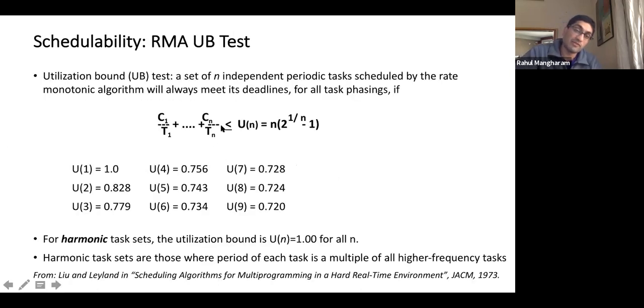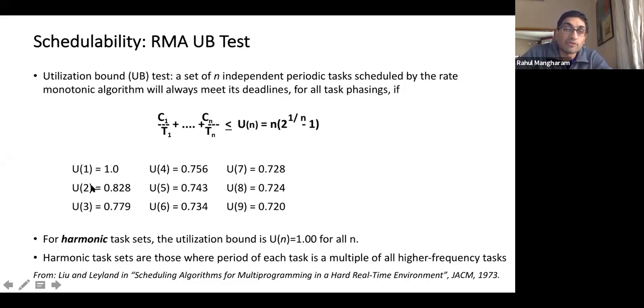So now they figured out that if the utilization is less than what they find as a utilization bound based on this formula of n multiplied by 2 to the power of 1 over n minus 1, where n is the number of tasks. So it actually does not depend on what's the execution time and the period of each task. It's just saying for the number of tasks, for one task, you can get 100% utilization.